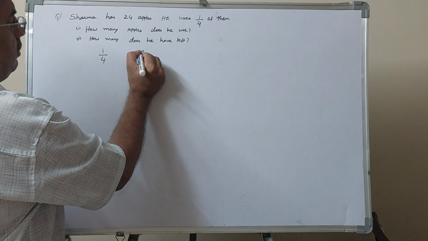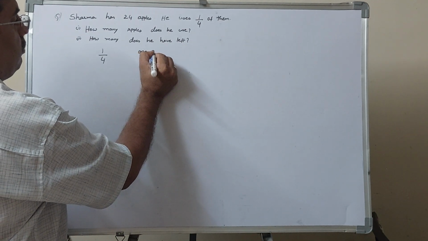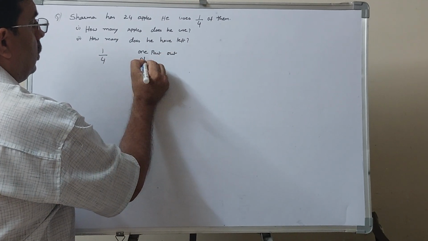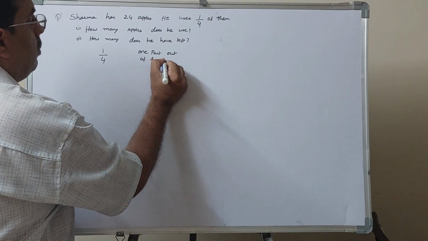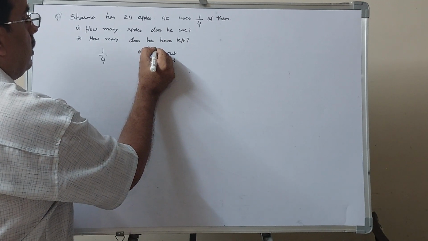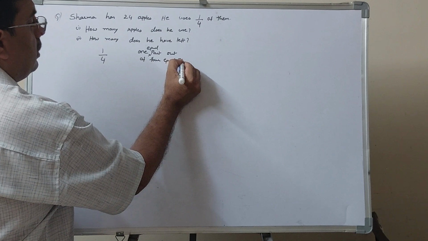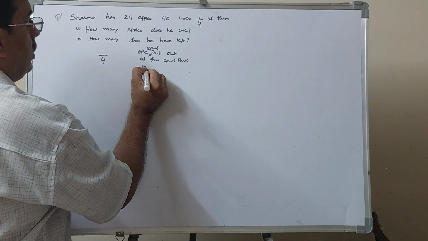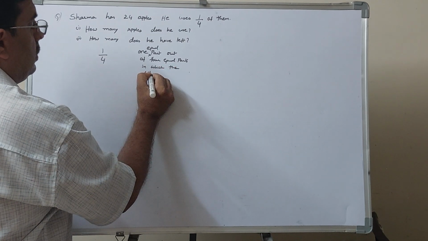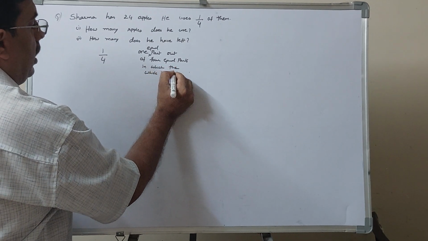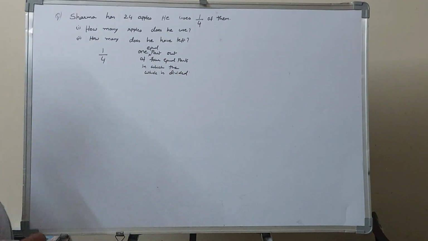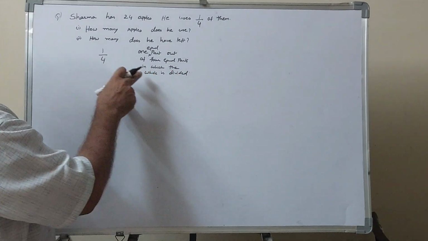One part out of 4, one equal part out of 4 equal parts in which the whole is divided. This is the meaning of this. Clear?